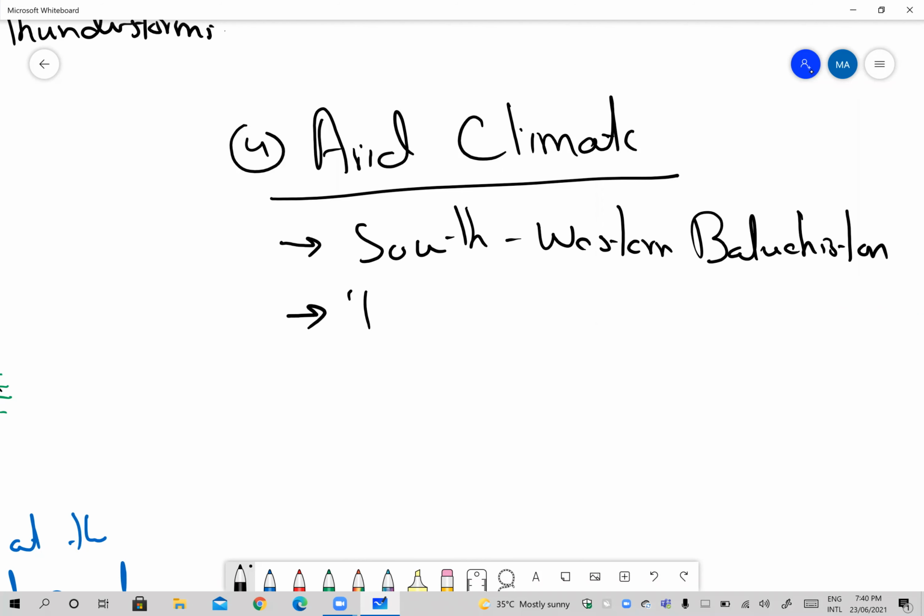And obviously dry and hot, because of lesser rainfalls and extreme winds during May to September.